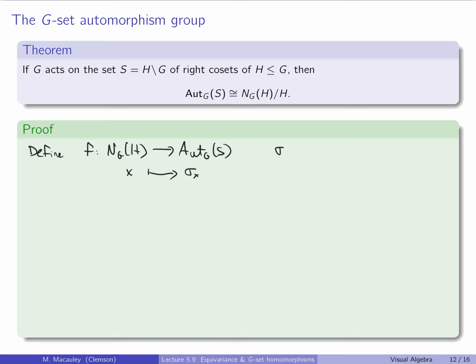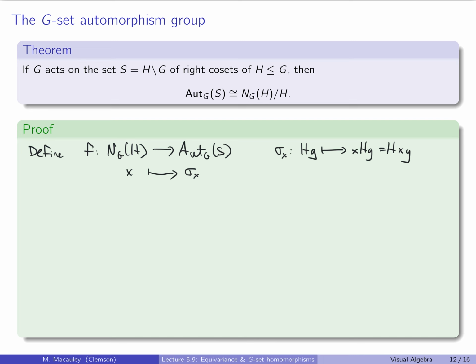So remember, sigma x takes a right coset and sends it to Hxg. And we can do this because it's in the normalizer.